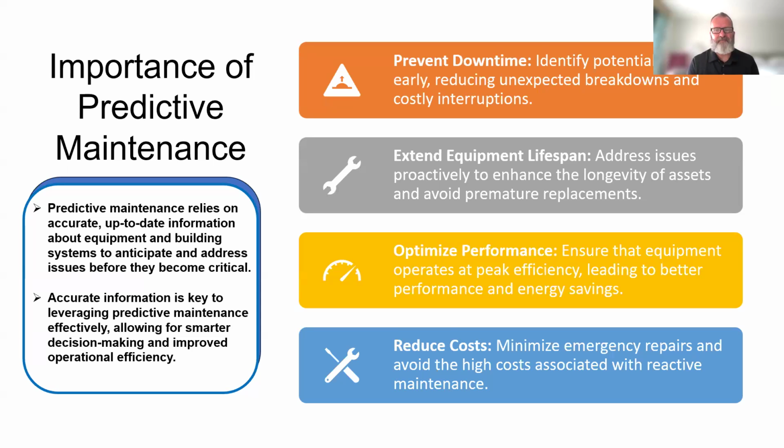Also, optimizing that performance. You want that stuff to be running at top speed, top efficiency, nonstop. It's so that your team can better maintain that, but again, so that your business, your building is running more efficiently. It also helps you reduce those unexpected costs. Those, oh my gosh, we knew it was going down and we knew it was going to break.